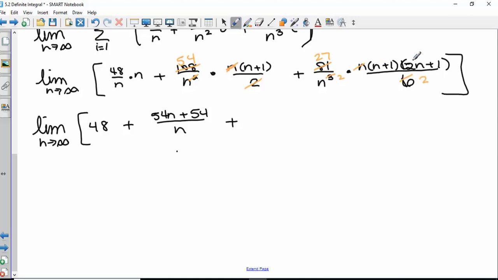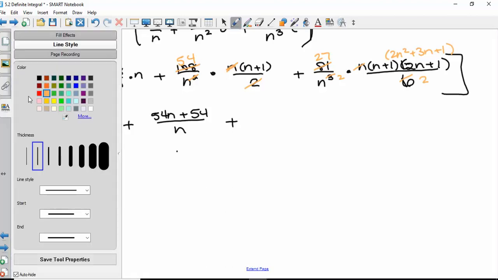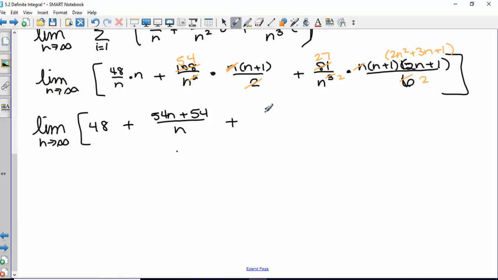Am I going to do too much if I FOIL these before I multiply it out? So that's 2n squared plus 3n plus 1. So if I distribute the 27, on the bottom I get a 2n squared.